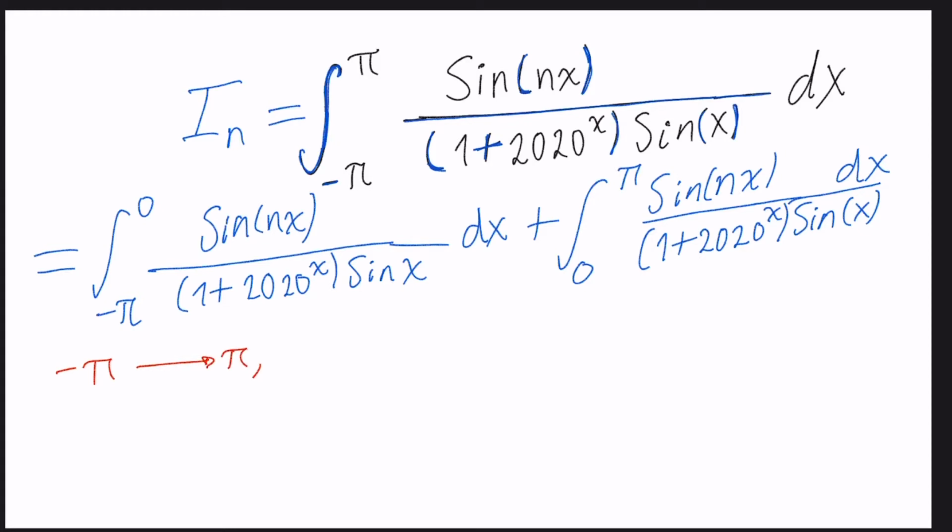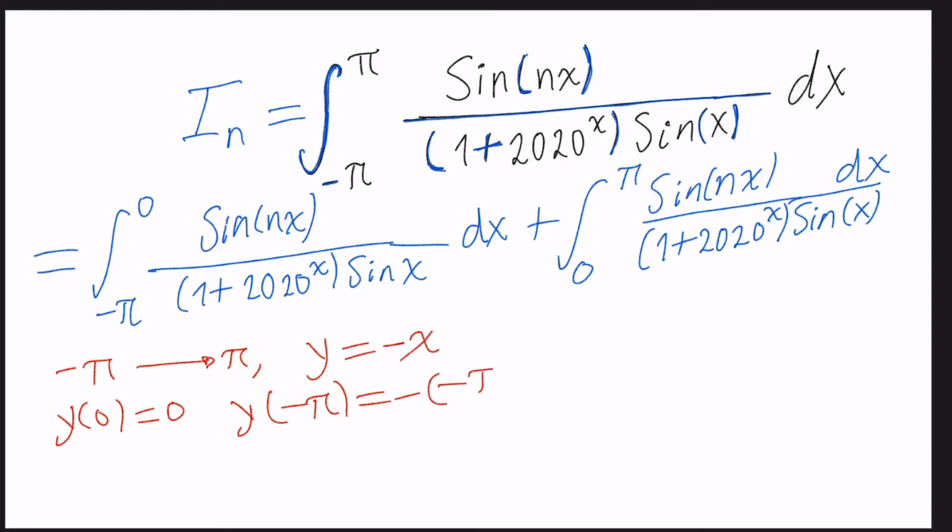Let's use a simple substitution like y equal to minus x. So y of 0 is 0 as well, and y of minus pi is equal to pi.